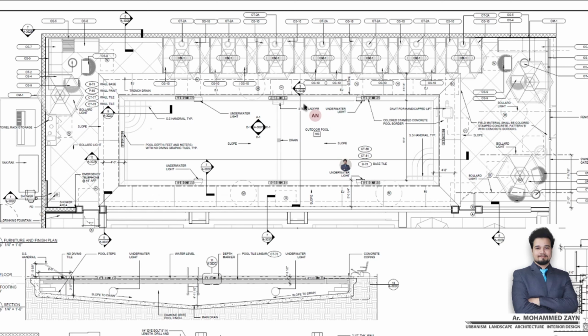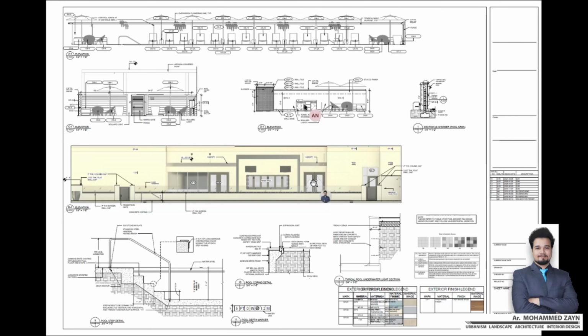The dimensioning in here is done, so it is very easy to lay all the walls while you are constructing. And you can see each and every piece of furniture is tagged. We'll see how tags work, how we use tags in Revit, and why we use tags in Revit when we are working on the project. If you can move forward, you see construction drawings for this construction plan also.